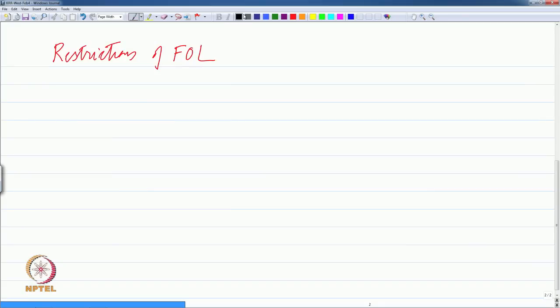So, one of the restrictions is that when you look at a predicate, it takes terms as arguments.